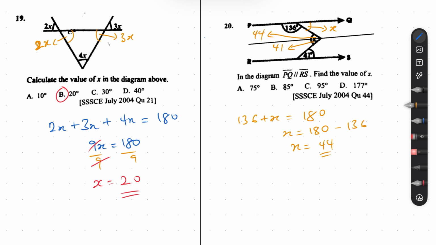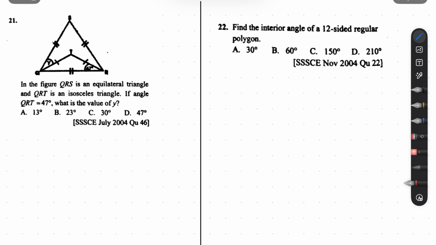Now we can find our Z, because Z is the sum of this side and this side. So Z is equal to 44 plus 41, which is 85. So our answer is B. Cool. Let's move on to question number 21.